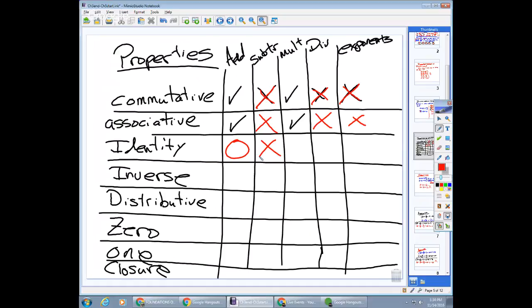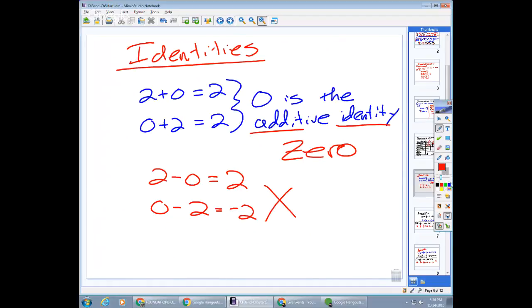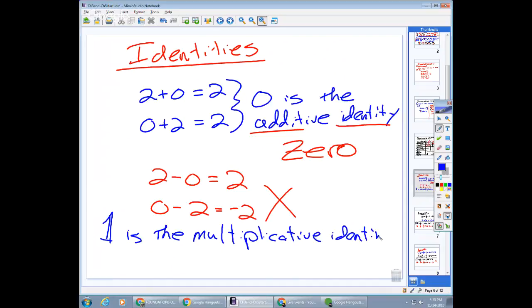Is there a multiplicative identity? 1. Yeah, so multiplicative identity is a fancy word for 1. Will you likely come across these phrases in your textbooks?